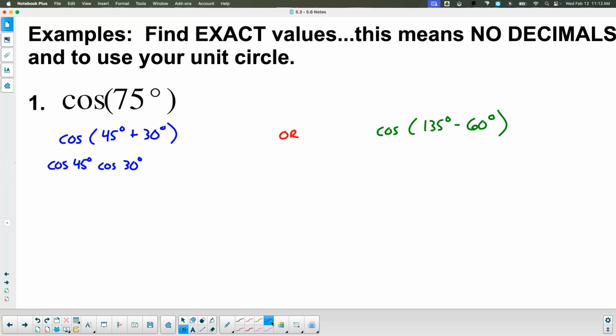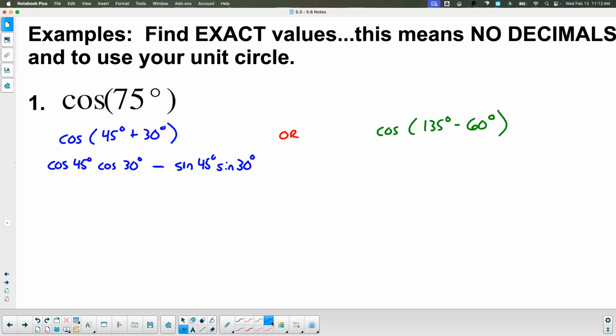Then I am going to subtract, because my mathematical operation is different, the sine of 45 degrees times the sine of 30 degrees.